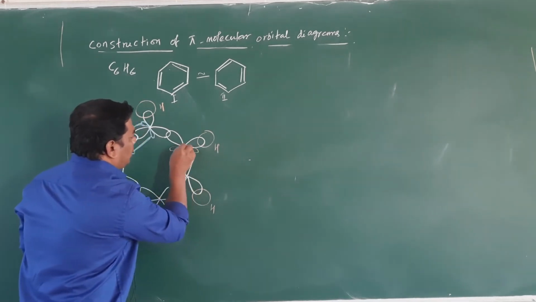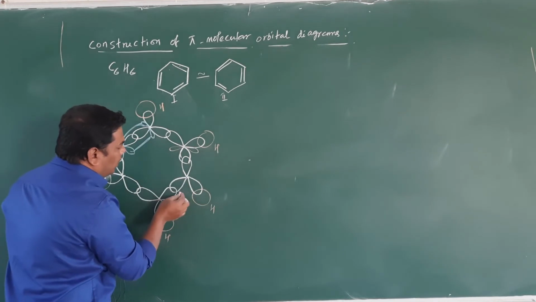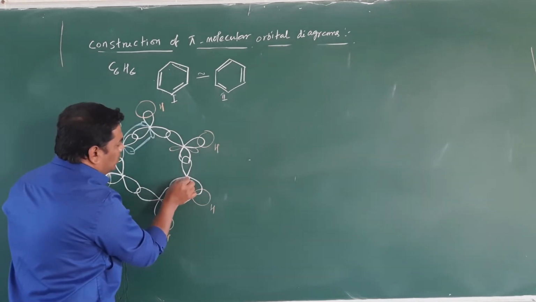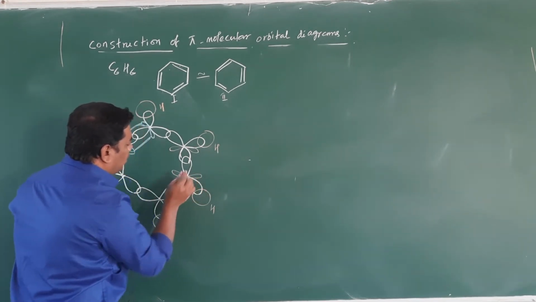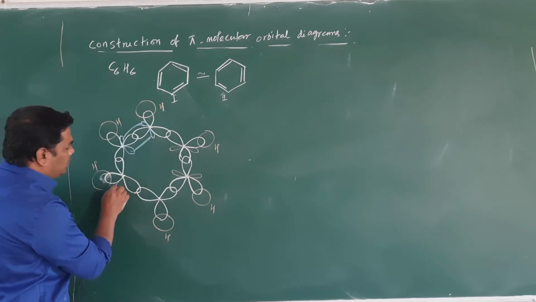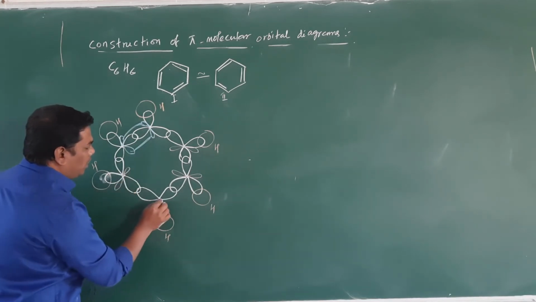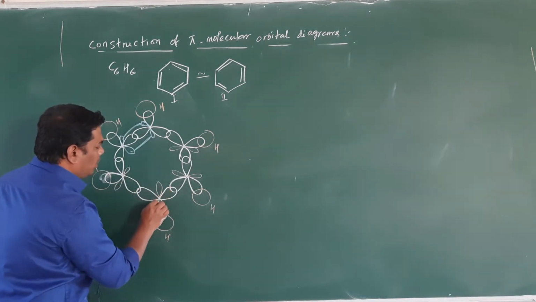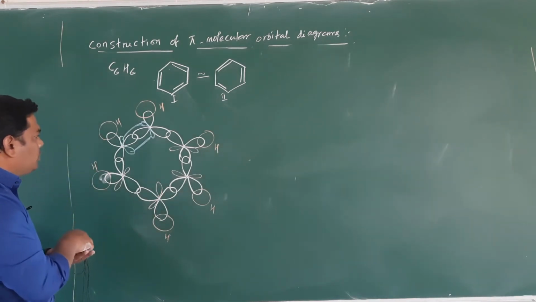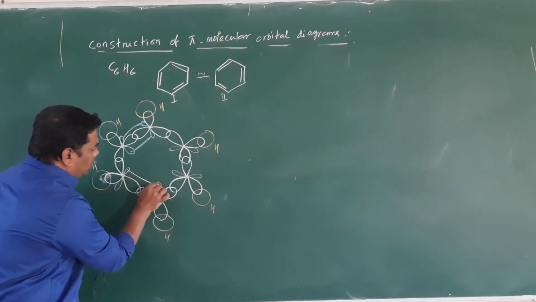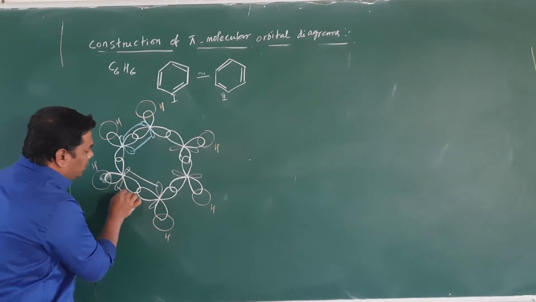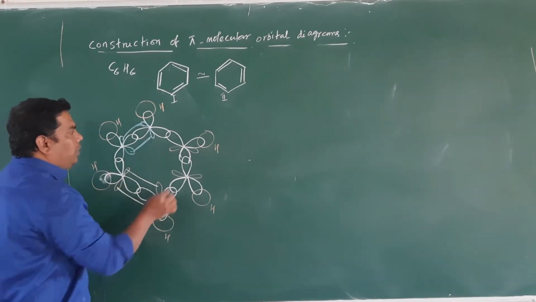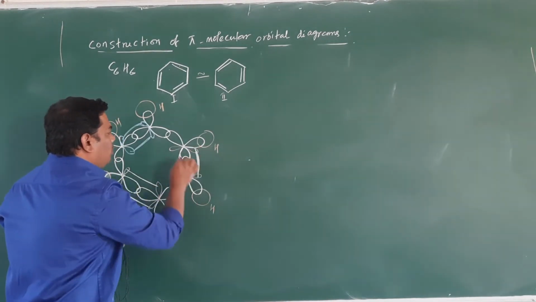Here you can see this is the pz orbital, overlapping over here. This is the pz orbital of this carbon atom, and this is the pz orbital of another carbon atom. The pz orbitals of these two carbon atoms are overlapping.